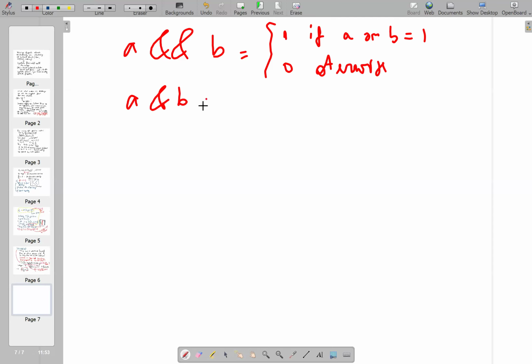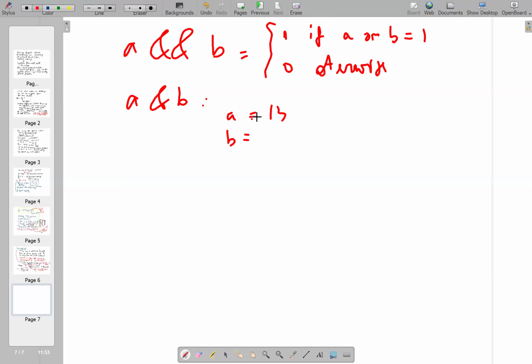So if you have A, let us say, 13, and what might be B? Can you tell me? Any suggestion for B? Not too big, but we can still convert into bits.